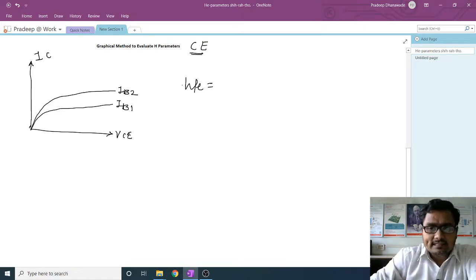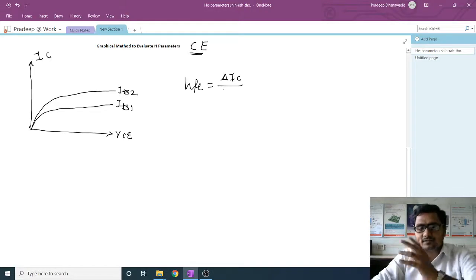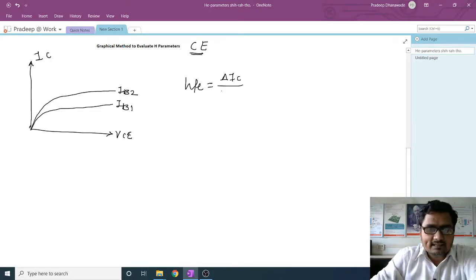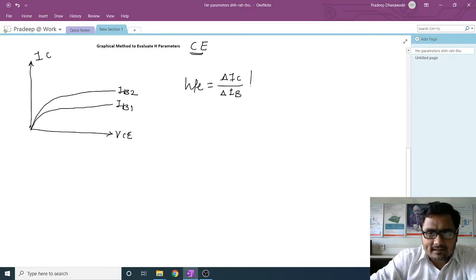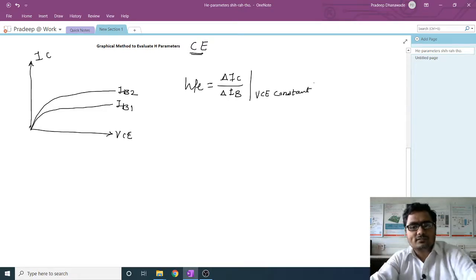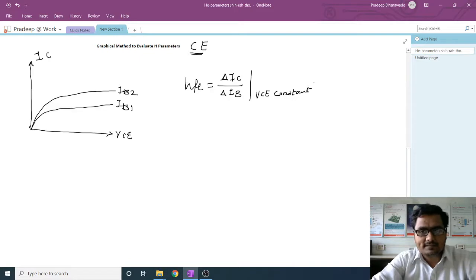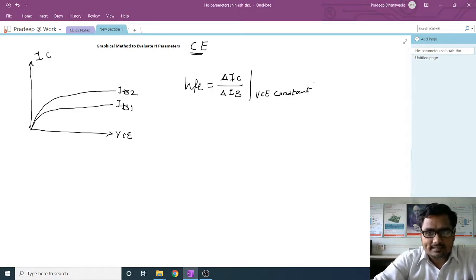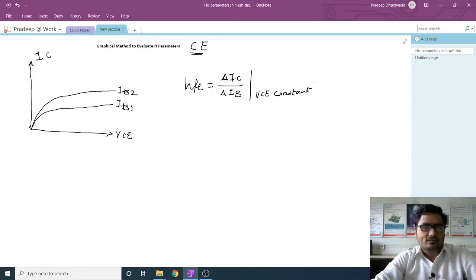Basically, it is change in current IC divided by change in current IB when output voltage is constant. That's what HFE is: delta IC divided by delta IB when VCE is constant.